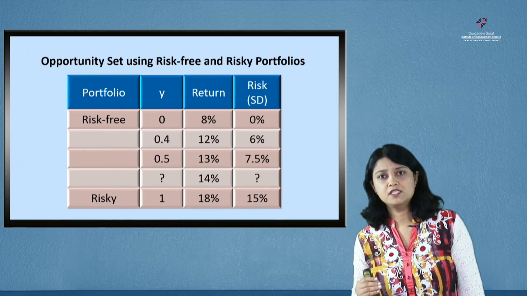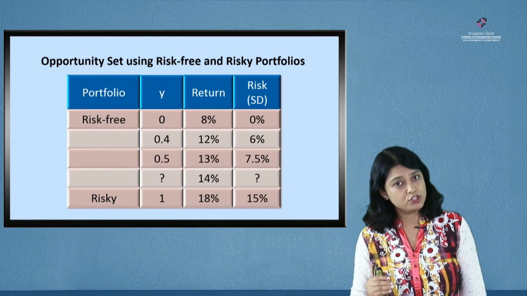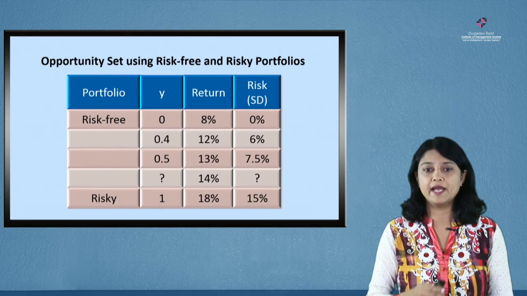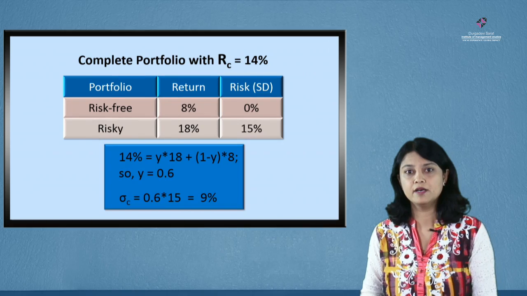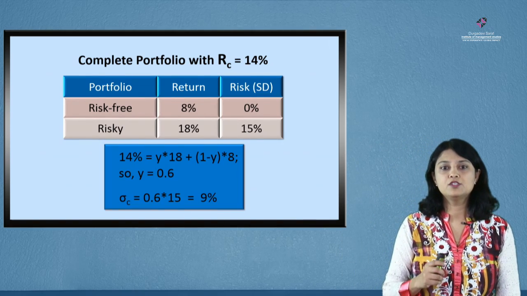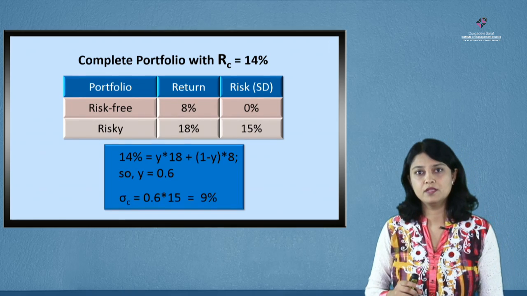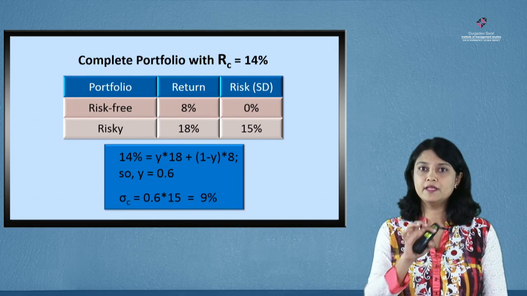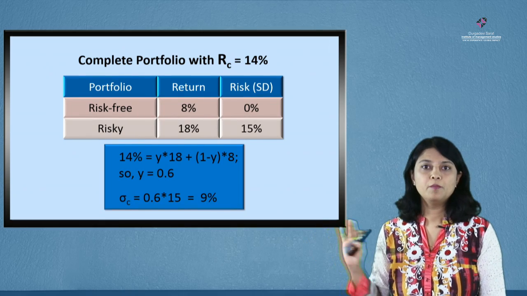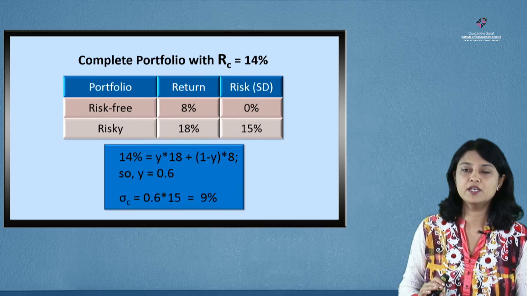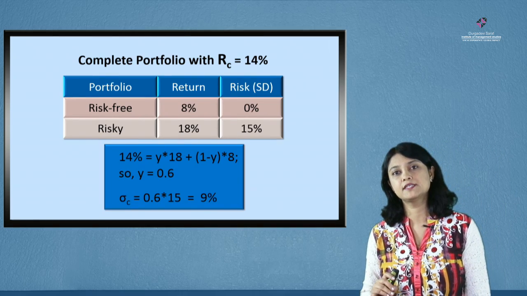Now my question here is, what should be the proportion I invest into risky portfolio, that is Y. I want to find out Y over here, as well as risk. So here once again we plug the numbers into the RC formula, because we know the return. When we solve this equation we get Y is equal to 0.6.